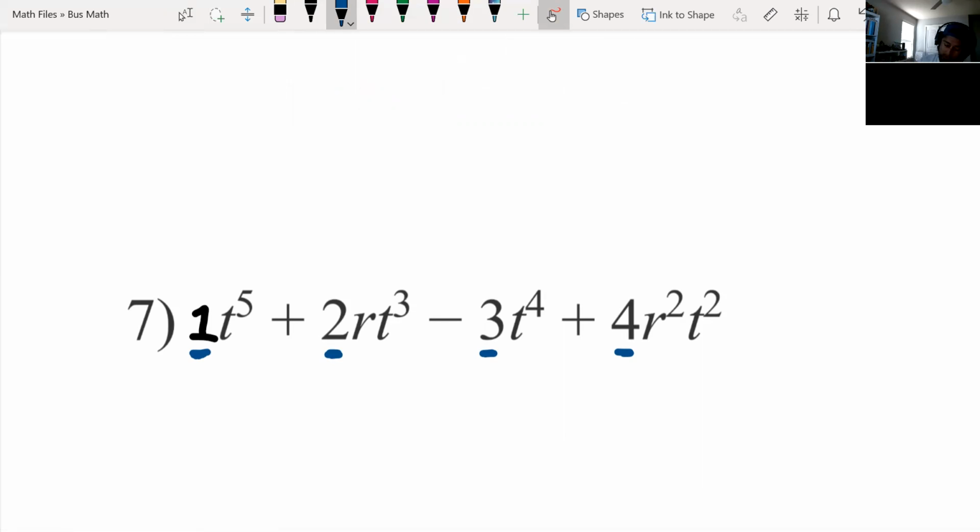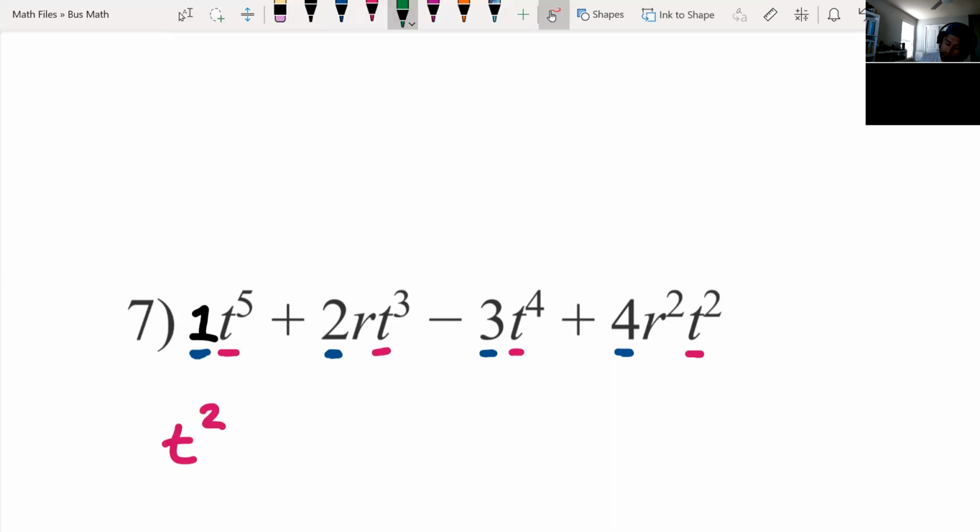And then we can move on to the t's. I have t to the 5th, t cubed, t to the fourth, and t squared. What's the lowest power of t? T squared.